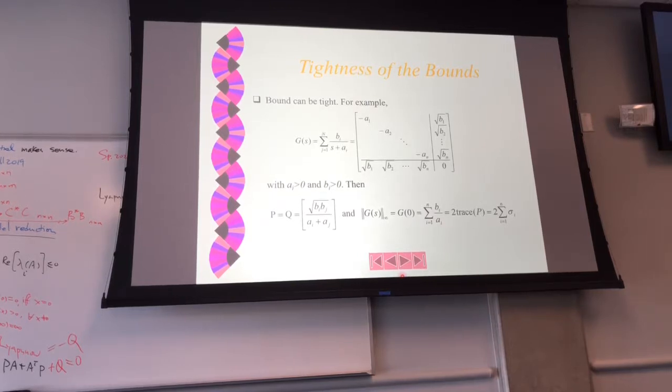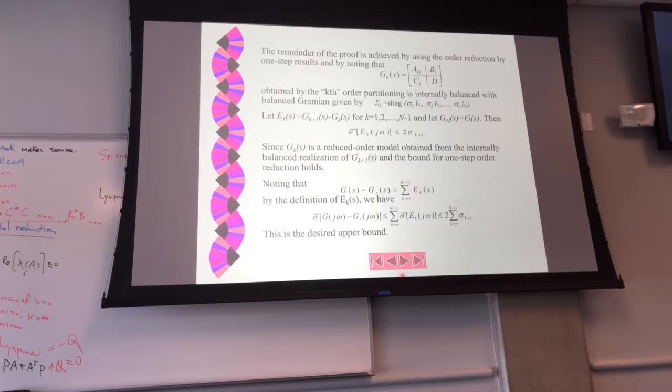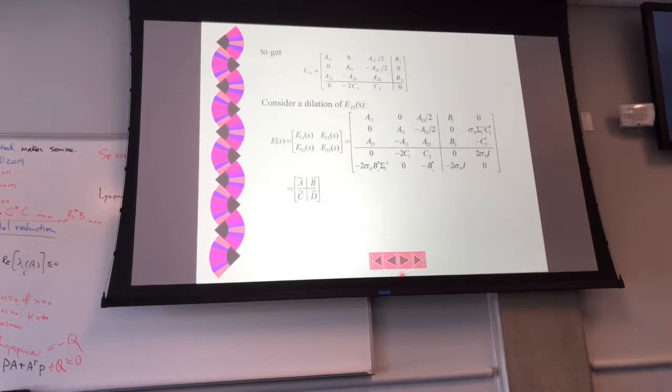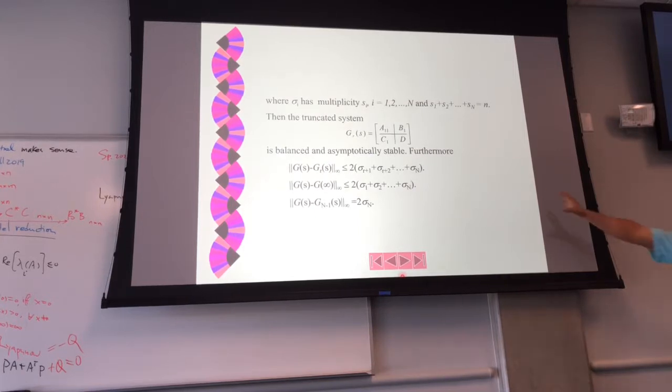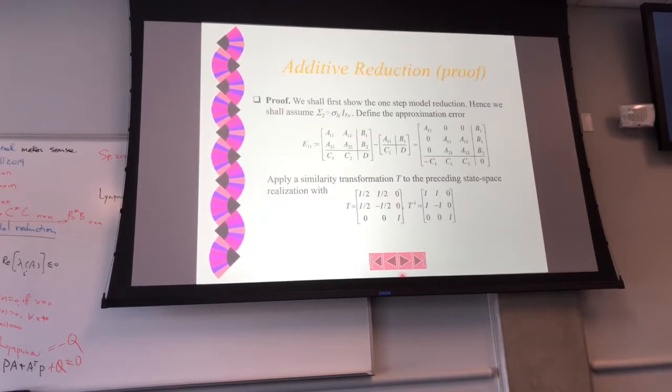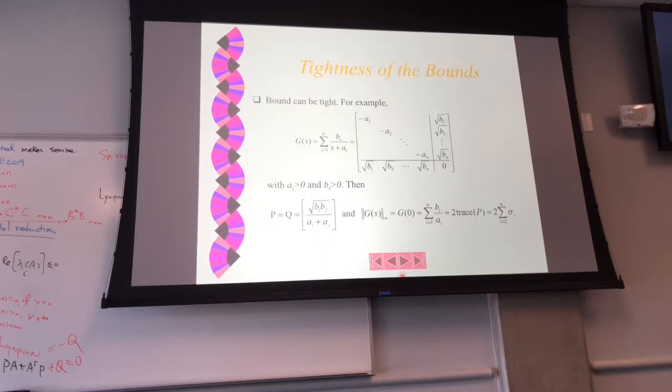Usually we simply use this result for our robust control design. There is a worked-out example here to show that the bound is actually quite tight. The upper bound is very tight.